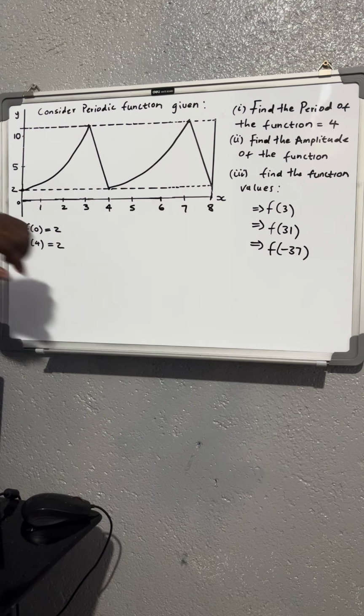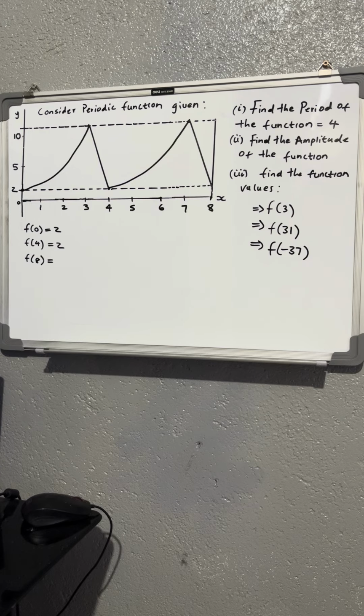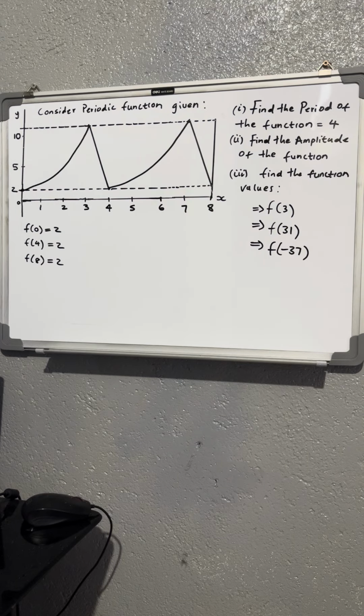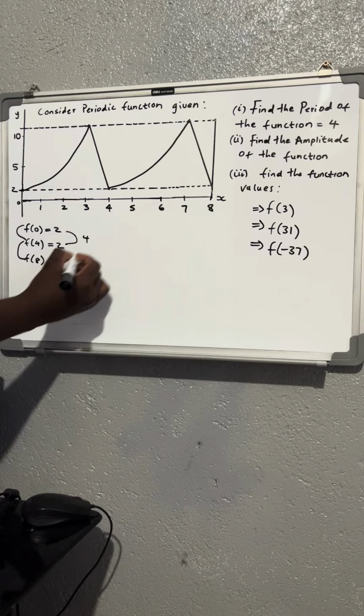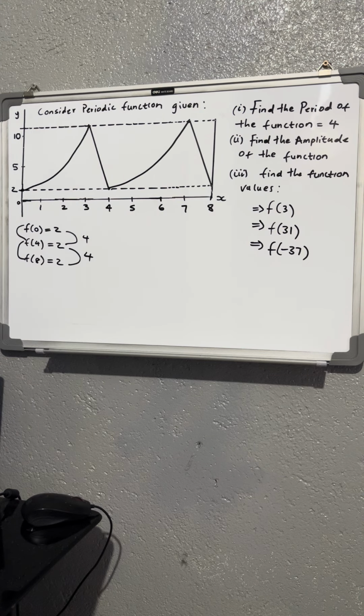Then f of 8, the y value is equal to 2. So we pay attention to these points. What is the difference between this one and this one? It will be 4. The difference between this one and this one will still be 4. So that's another way to determine your period.